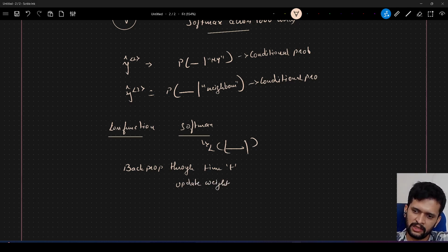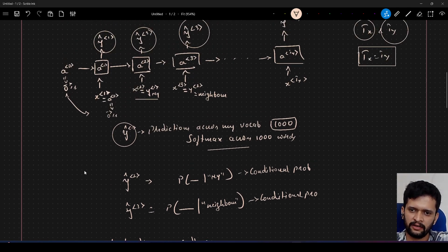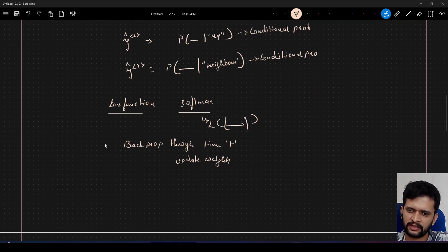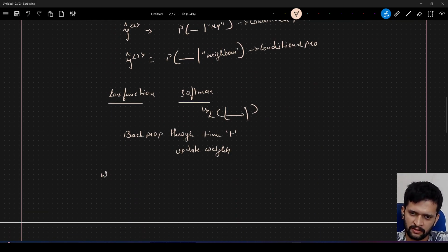right? So this RNN model will have the weights, right? This will have Wx, this will have Wa, this will have Wy. The same weights are shared across multiple time steps, correct? So in the end, we have to update these weights. How do we update these weights? Using the formula Wy is equal to Wy minus the derivative of loss with respect to Wy.